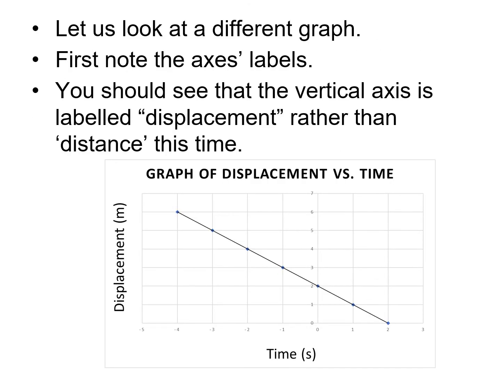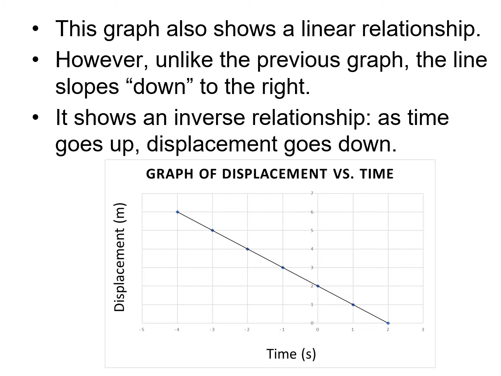Let's look at a different graph and see if that trick works again. Now first you should note that I changed the rise to displacement. That means we're using a vector quantity this time and paying attention to the direction. So this is a displacement versus time graph. This graph displays a straight line.